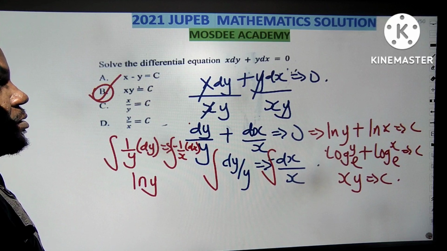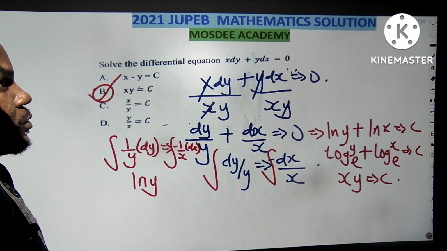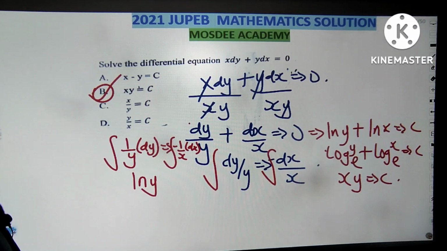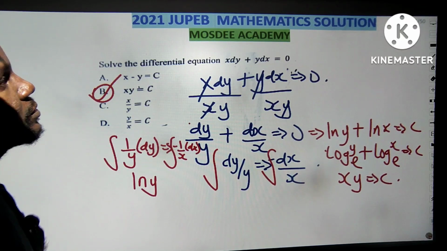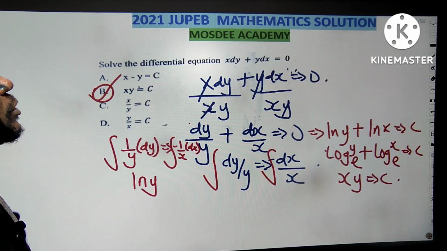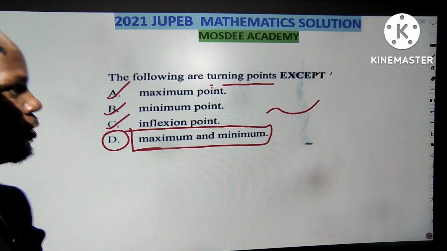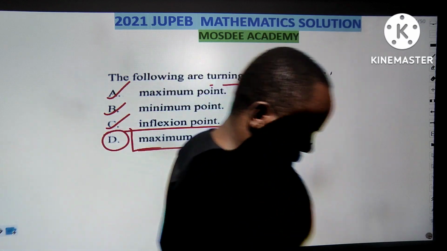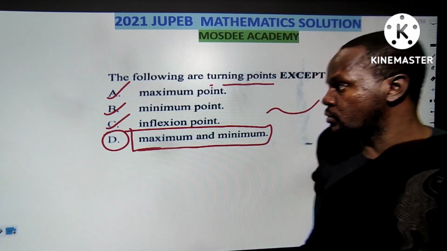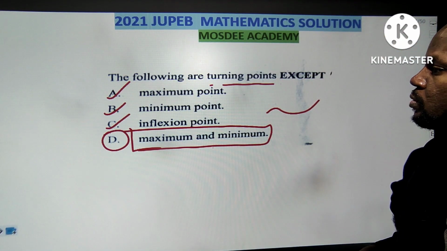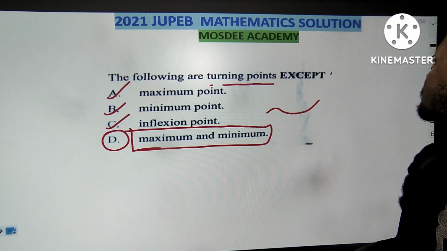Actually, we've done a lot, to be honest. Maybe I should just leave it and call it a day. I just feel like doing it again for some of us. We might come across that kind of question, but it's for you to know the method to be used to solve such a question. That's what I'm trying to do.